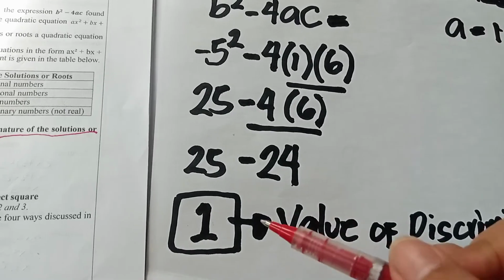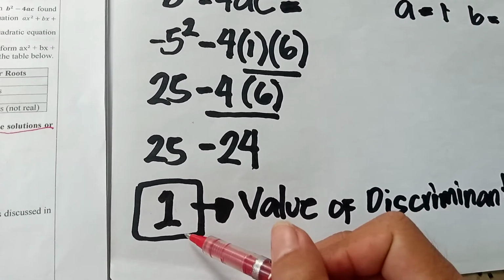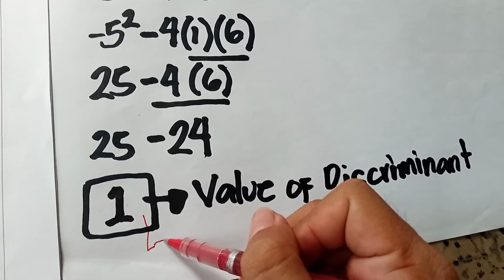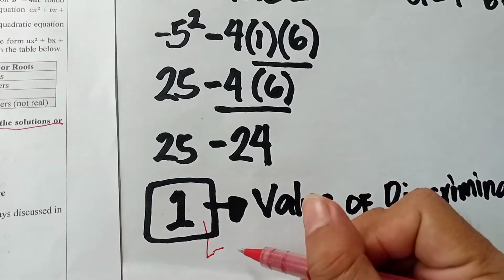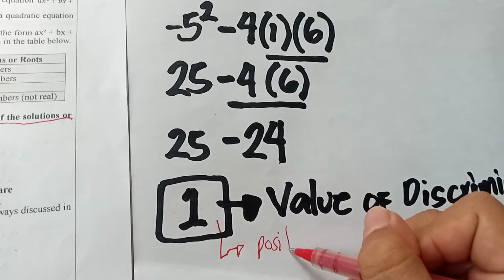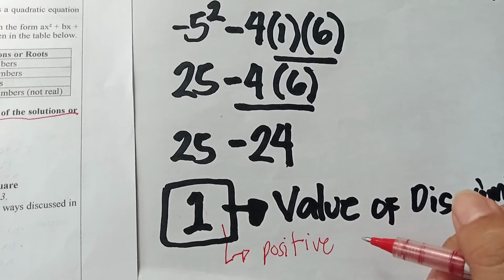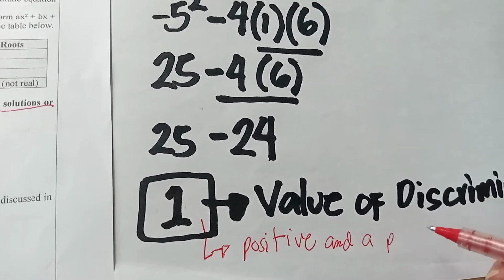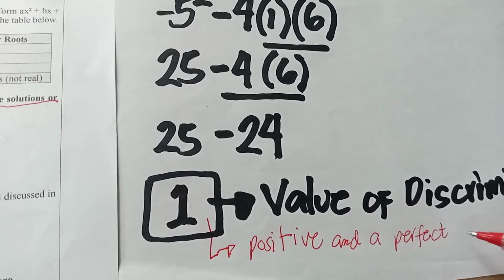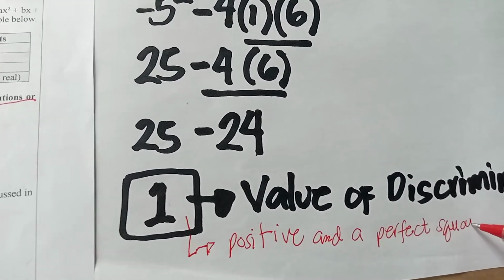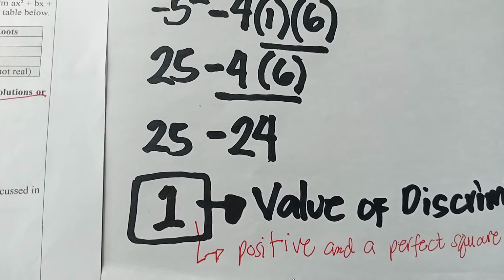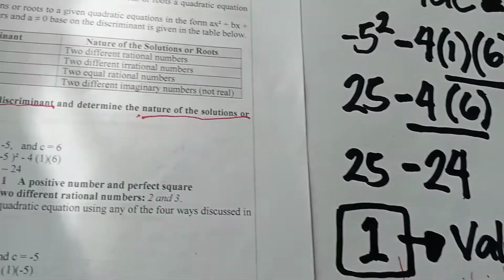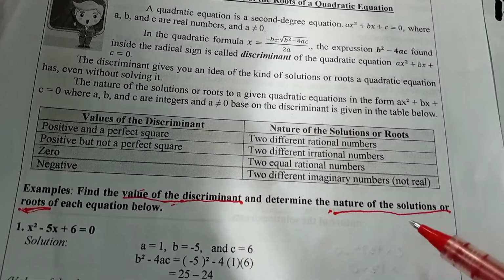So since it is positive and a perfect square, ato ang nature of roots is this one. Partner niya.